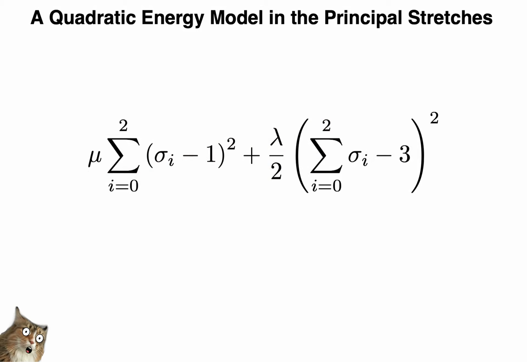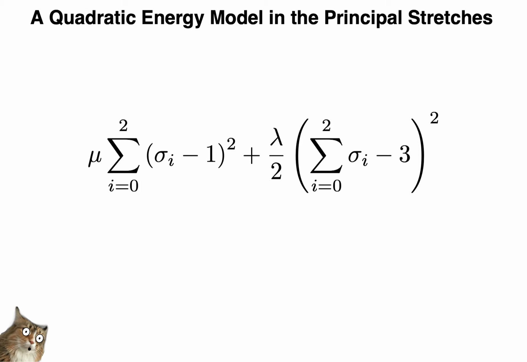Let's build an energy model that does just that, and we're going to make one that's quadratic in the principal stretches. You should be able to convince yourself that this model has a minimum when all principal stretches are equal to 1. Since principal stretches equal to 1 correspond to no deformation, this model satisfies the final criterion of strain energy density.